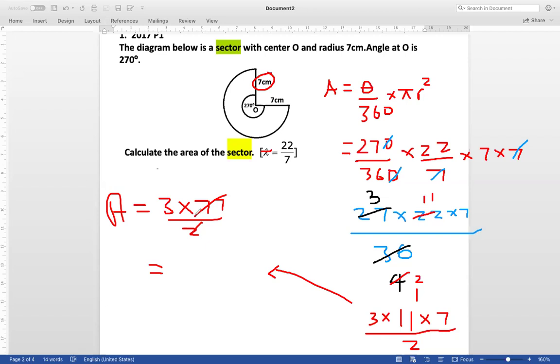What is 77 divided by 2? That is 38.5. You then multiply by 3, and it gives us 115.5 centimeters squared as the area of the sector.